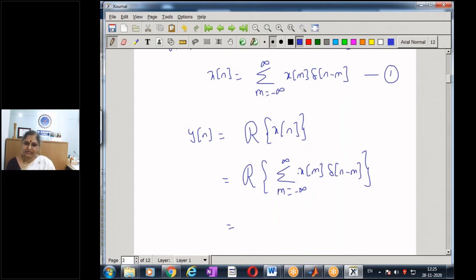And because the system is linear, instead of finding the response to a sum of inputs, I can always find the response to each input and then add them. So this can now be represented as sigma m equal to minus infinity to infinity response to x[m] delta[n minus m].